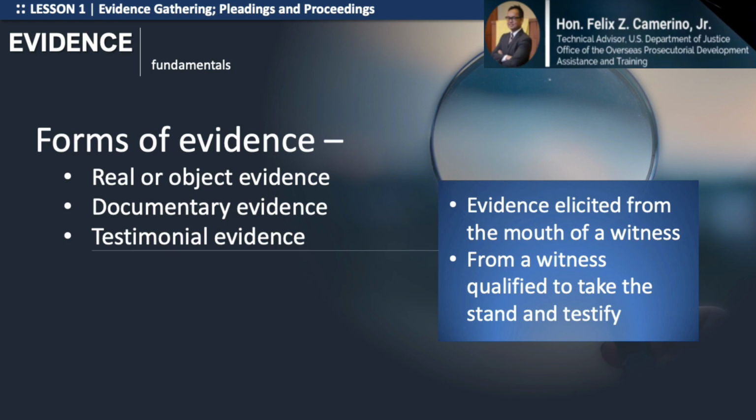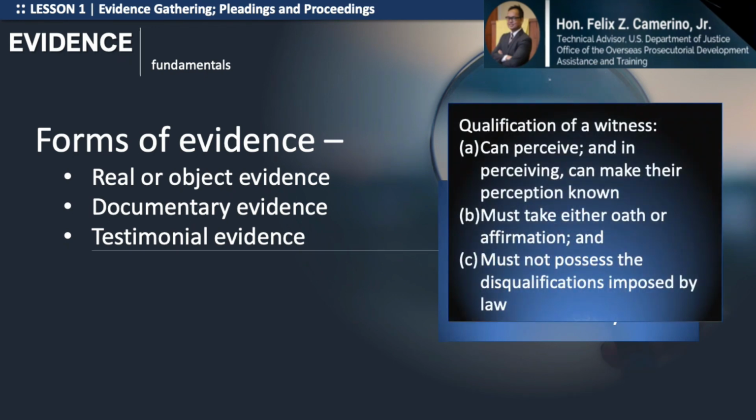And to qualify, it's really not that complicated. It really only requires that the witness is able to perceive, and that in perceiving, he or she can make his perception known. It's that simple, okay? He need only be able to perceive, and in perceiving, he can make his perception known.